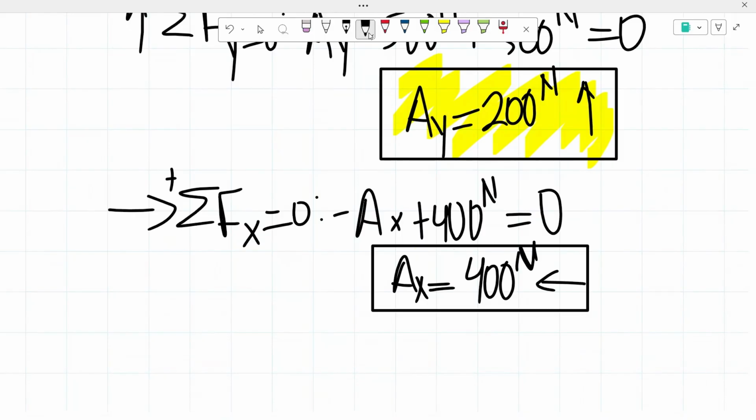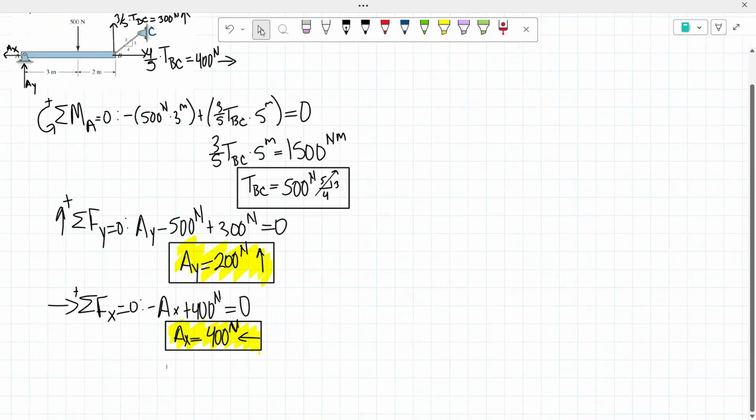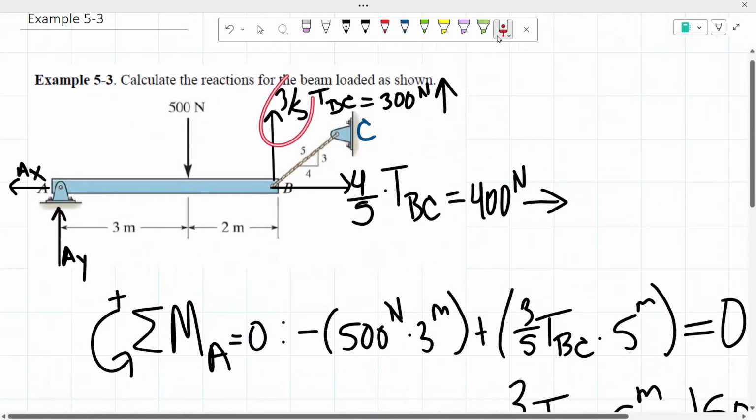And now simply to make sure that we calculated all of our reactions correctly, what you could do for a quick check is now, instead of taking the moments about point A, we're going to be taking the moments about point B, meaning that these two forces are not going to be creating a moment.